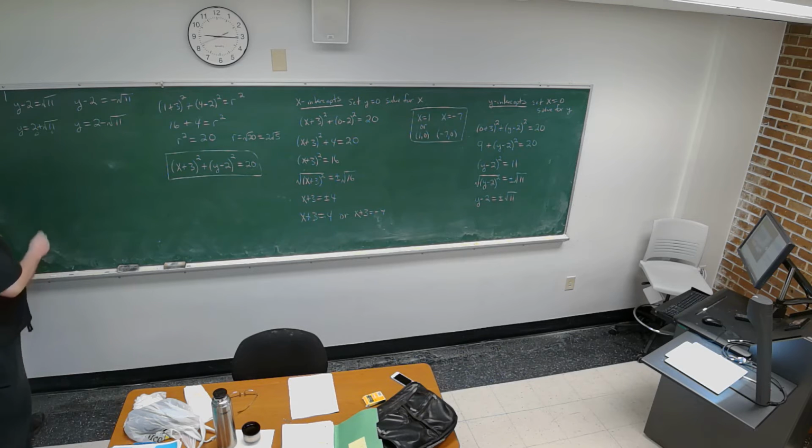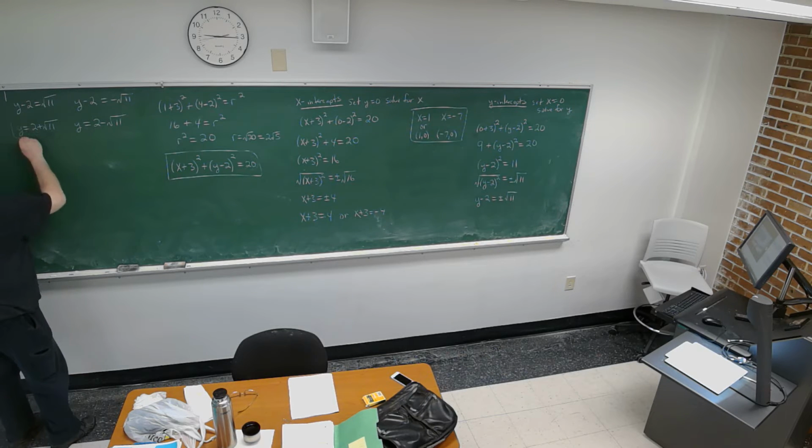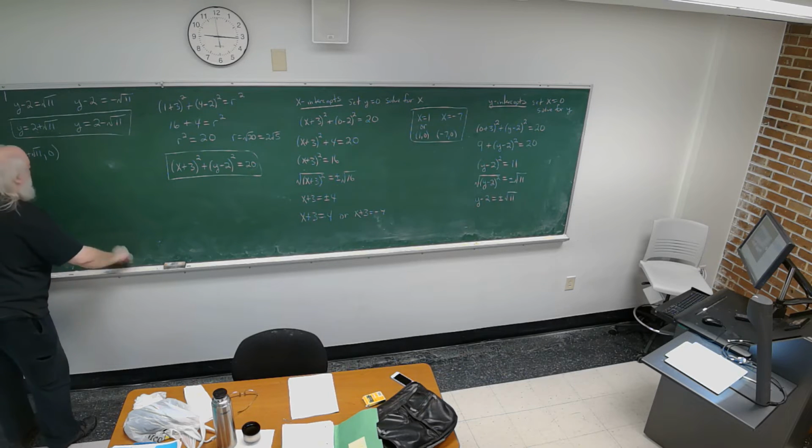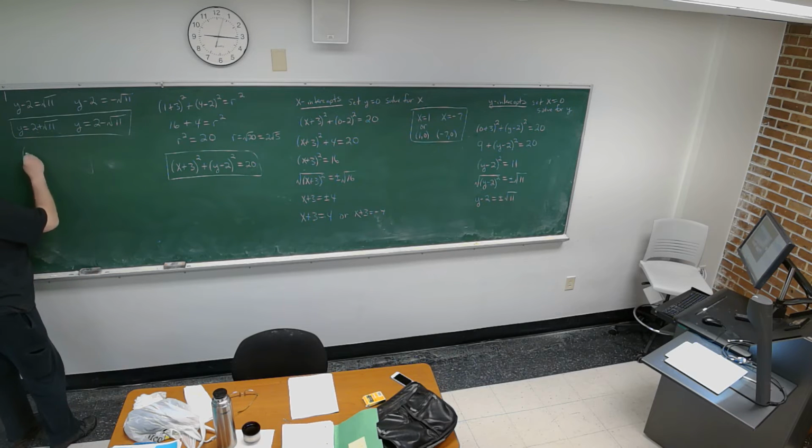So you can write these as an ordered pair if you want. It depends upon what WebAssign wants. You may have to write it as the ordered pair of 2 plus the square root 11, comma 0. Did I do that right? No, it's backwards. It's x, y, so 0 comes first.